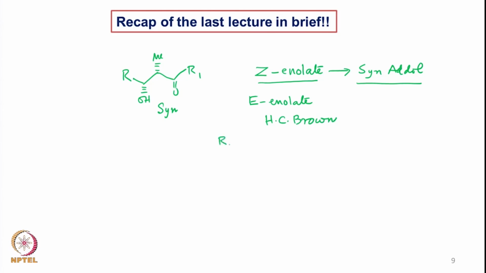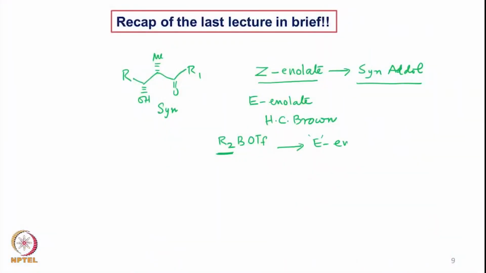Say you have here 2 R groups attached to boron and O triflate. If these R groups are large in size, then they allow the E-enolate to form in case we use a small base. And the small base, as we discussed, forms an irreversible complex with the boron, and therefore it allows the formation of the E-enolate. We discussed the transition state part.